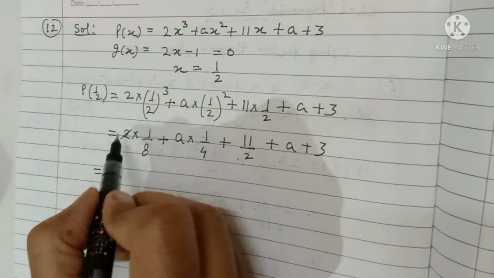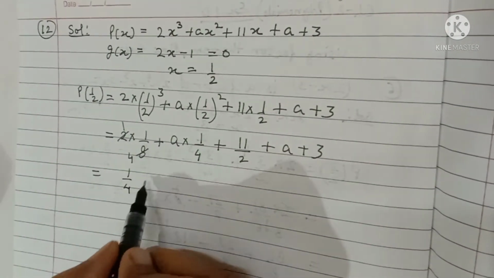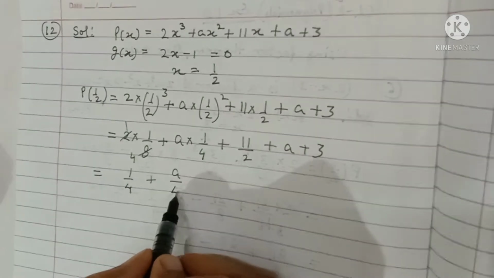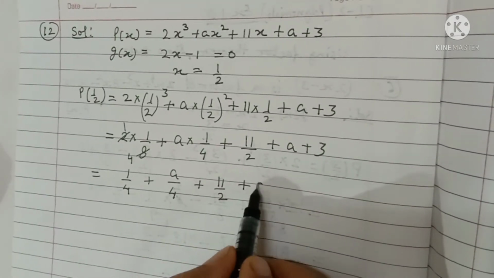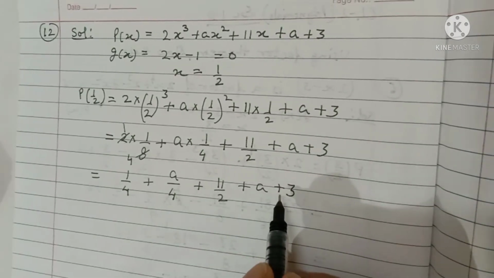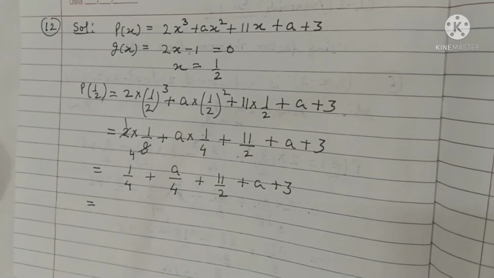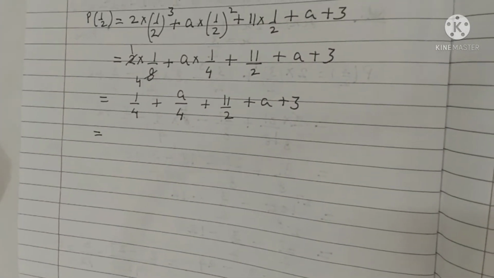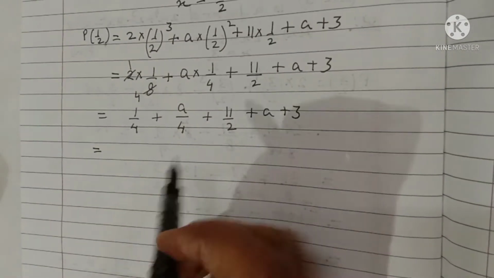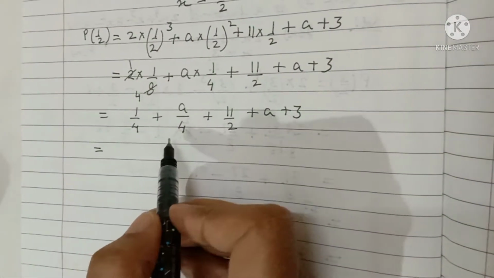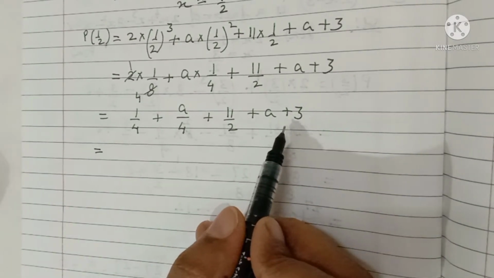Now this becomes 2 ones are 2, 2 fours are 8, 1 upon 4 plus a upon 4 plus 11 upon 2 plus a plus 3. Now this is equal to, take LCM.